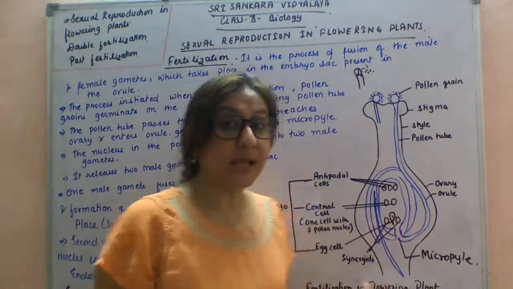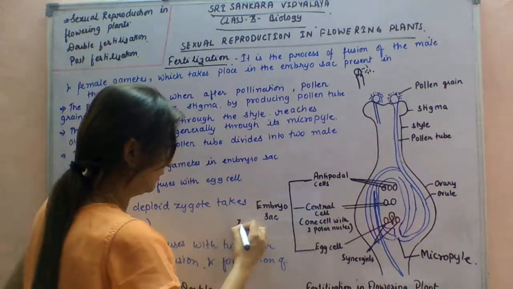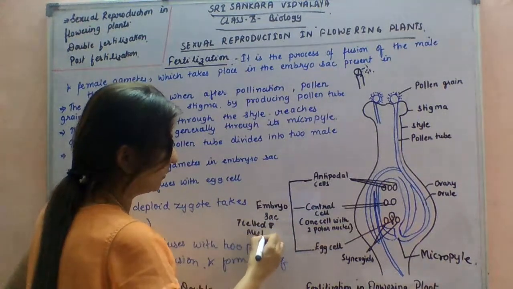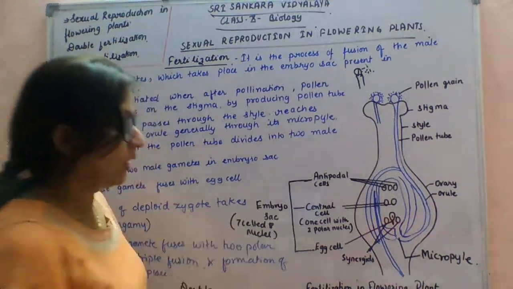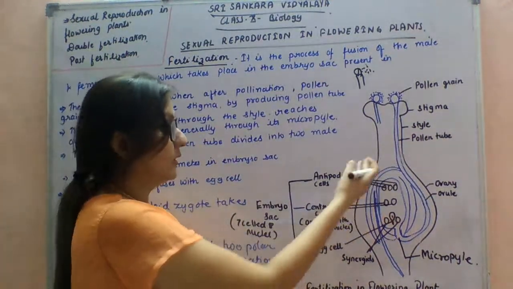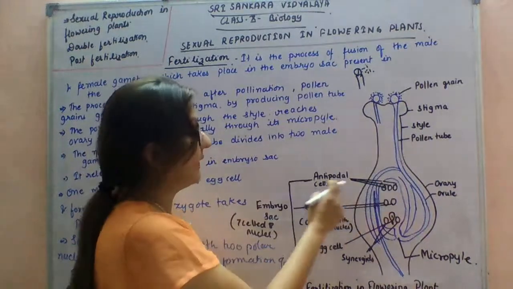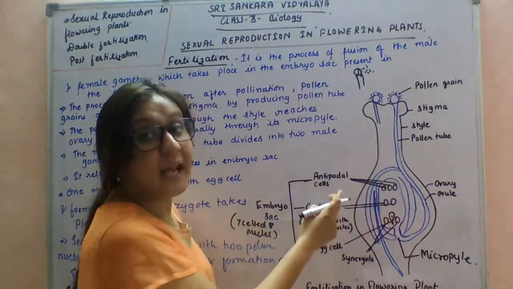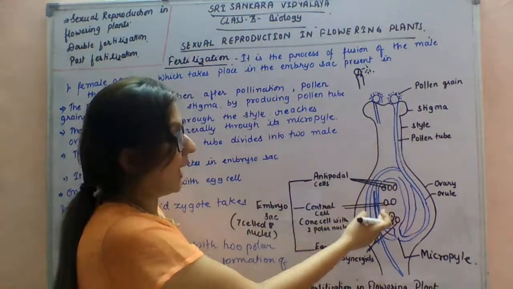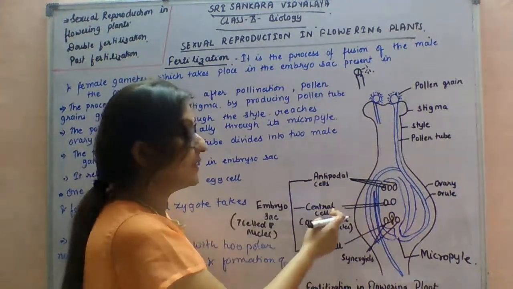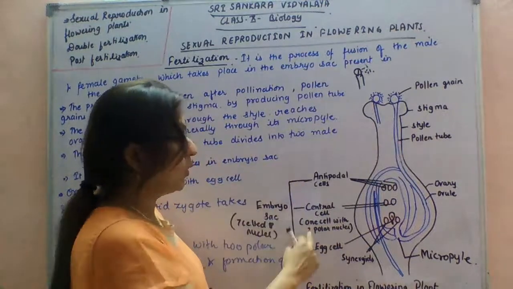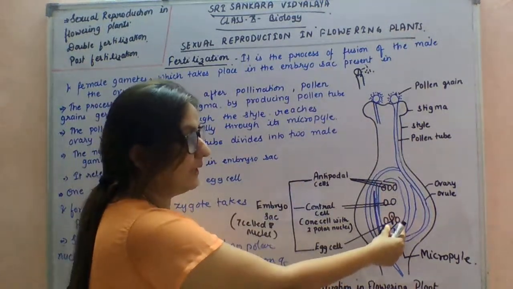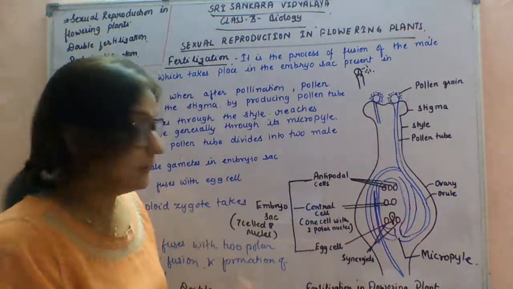Inside the embryo sac, it's 7-celled, 8 nuclei are present. The 3 cells at the top are called antipodal cells, and in the middle the central cell is present with two polar nuclei, and at the bottom again 3 cells are present.